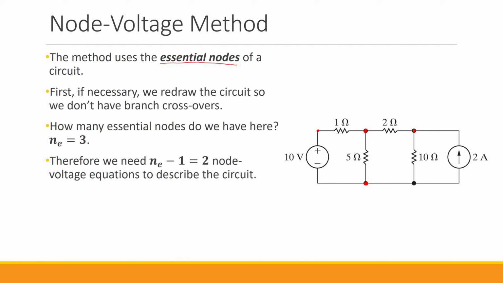But this, this, and this are all essential nodes. So we have 3 essential nodes in this circuit. Since NE equals 3, we can define NE minus 2, or 2 node voltage equations, to describe this circuit.